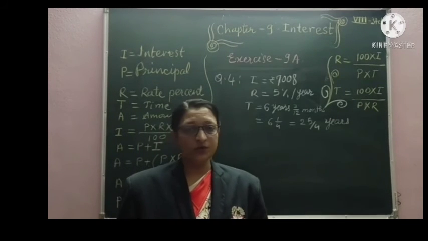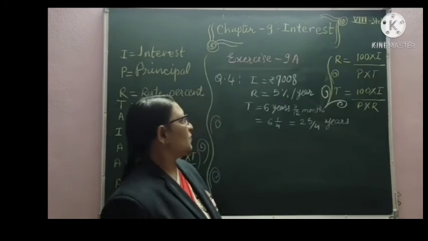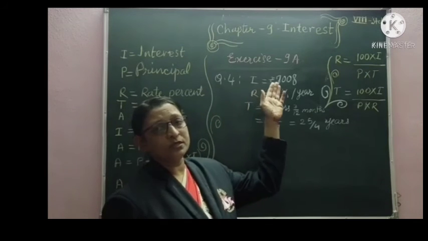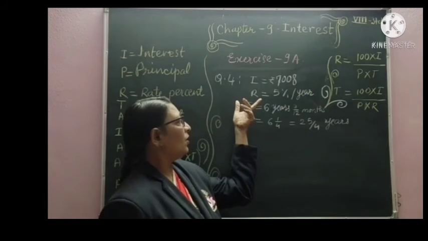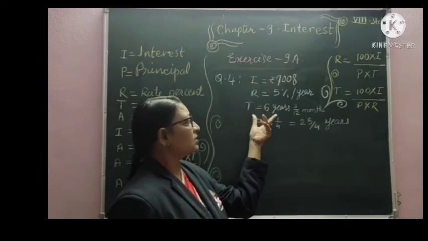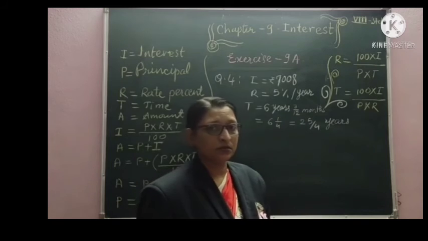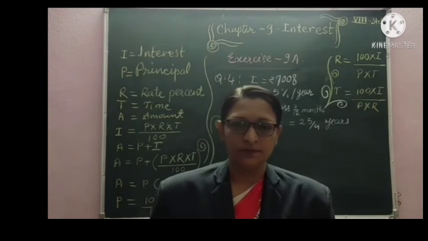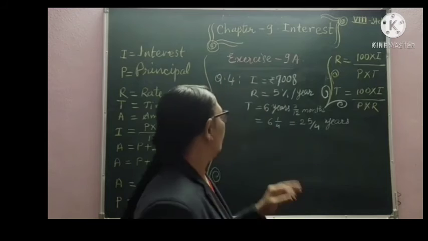Let us solve now question number 4. In question number 4, the interest is rupees 7,800 at the rate of 5% per year for the time 6 years and 3 by 12 months, and we have to calculate the principal.